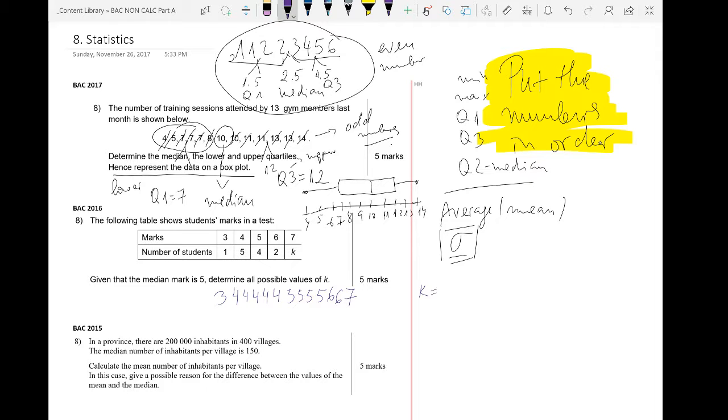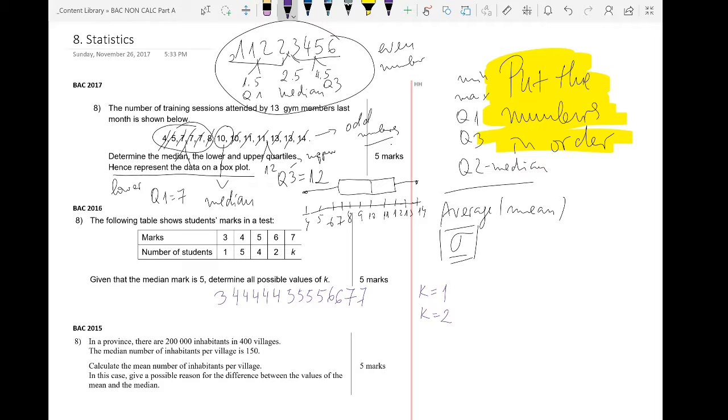If k is equal to 1, then the median is exactly 5. If k is 2, we have 2 sevens, then the median is for 7 numbers here and 7 numbers here.